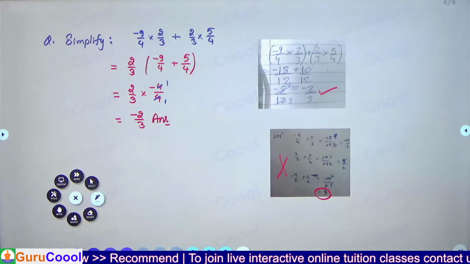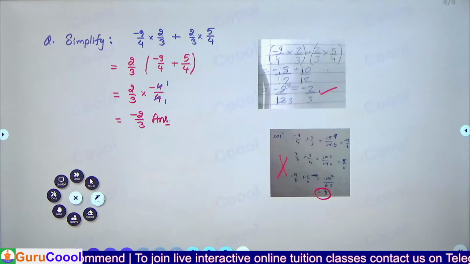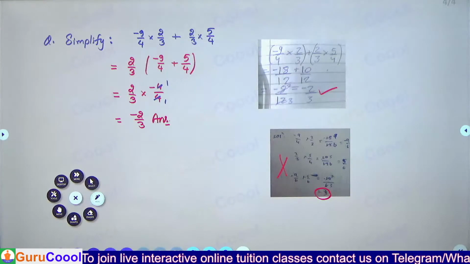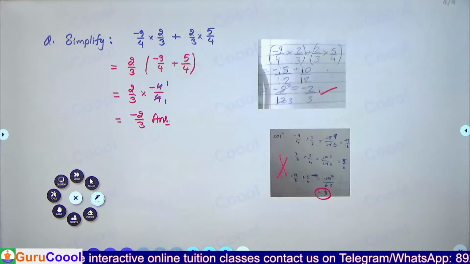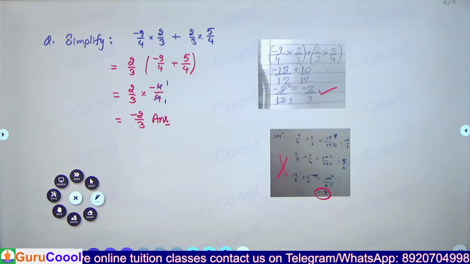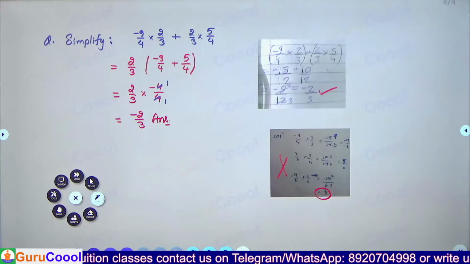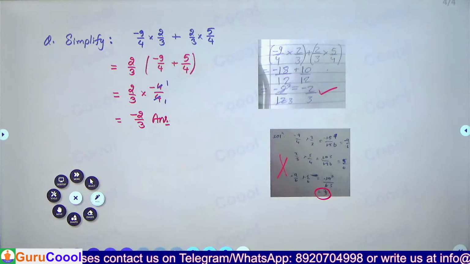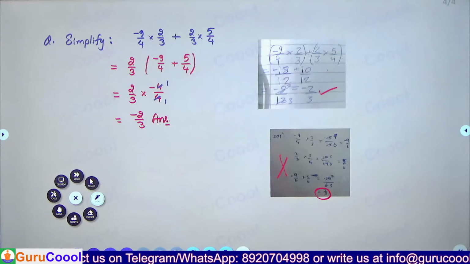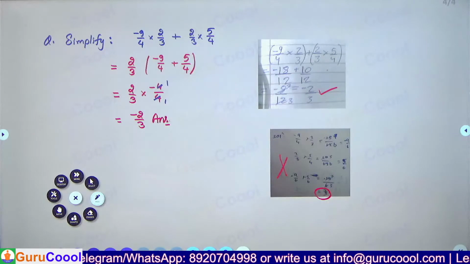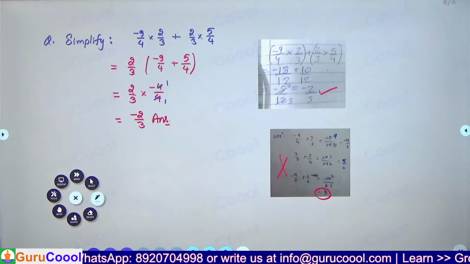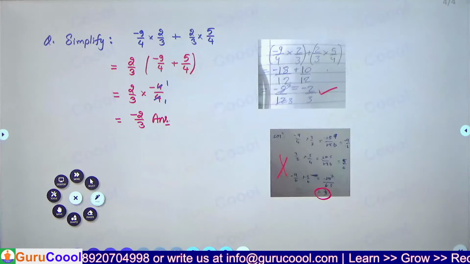Any doubt? Any question? Tell me. No, sir. Sir, I knew that we can also do it in distributive property method, but I thought this would be a shorter method. So you think you have done it in a shorter method?